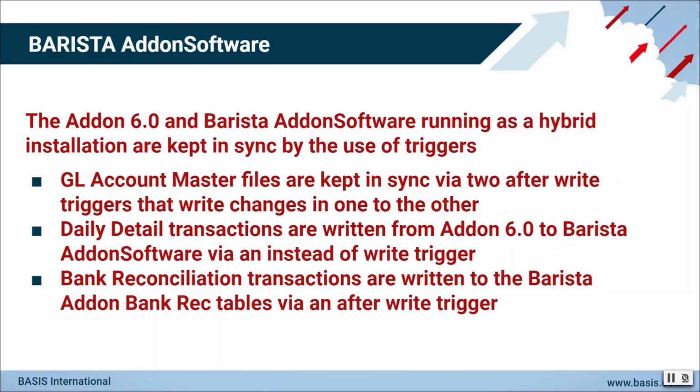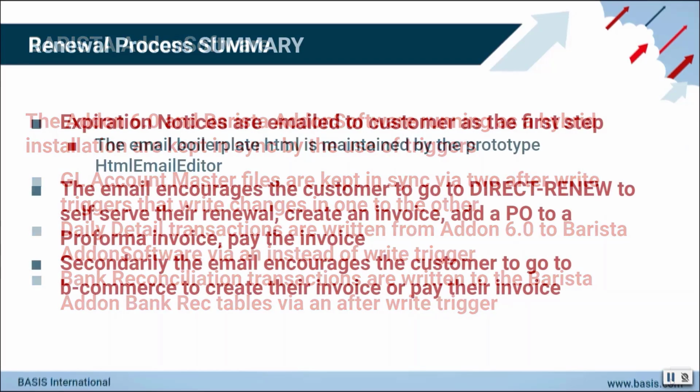After write triggers keep the GL master file in sync between the two ERP apps. As just mentioned, the daily detail transactions are written from Addon 6.0 by the use of an instead of write trigger, which writes to the AddonSoftware's GLE daily detail table. Bank reconciliations are written to AddonSoftware bank rec tables via an after write on the Addon 6.0 bank rec tables.